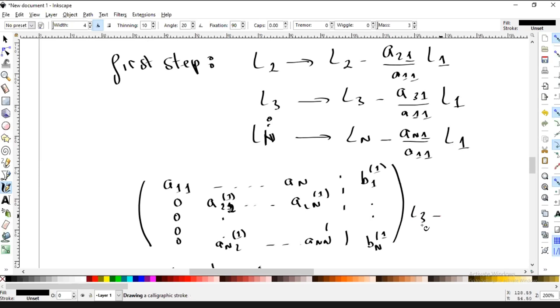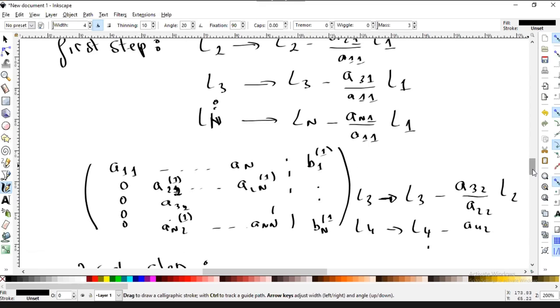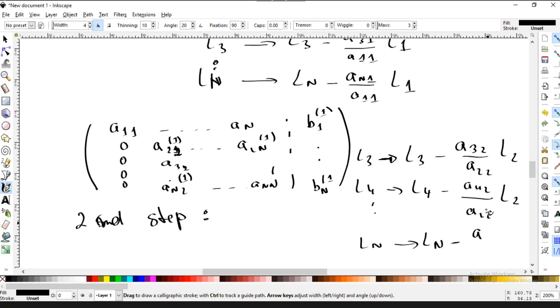So L3 will become L3 minus A32 over A22 times L2, L4 becomes L4 minus A42 over A22 times L2, and so on up to Ln minus An2 over A22 times L2.